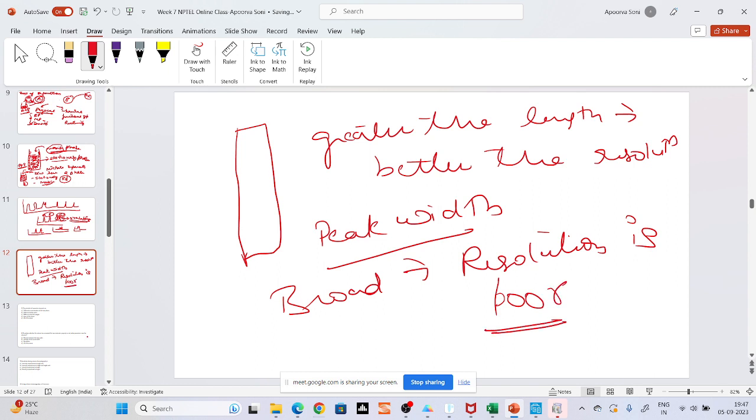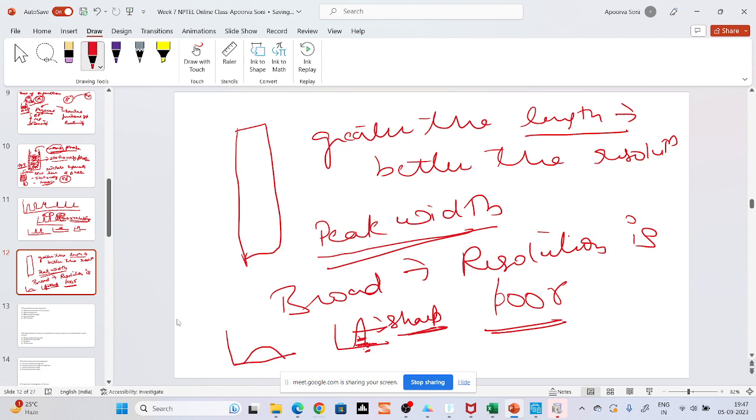So your resolution is directly dependent upon the length of the column, and it is inversely related to the width of the peak. I have a peak like this, and I have a peak like this. It is a sharp peak. This means it is a better resolved peak. So the greater the length of the column, the better the resolution and the less broad the peak, and the more the width of the peak, the worse the resolution.